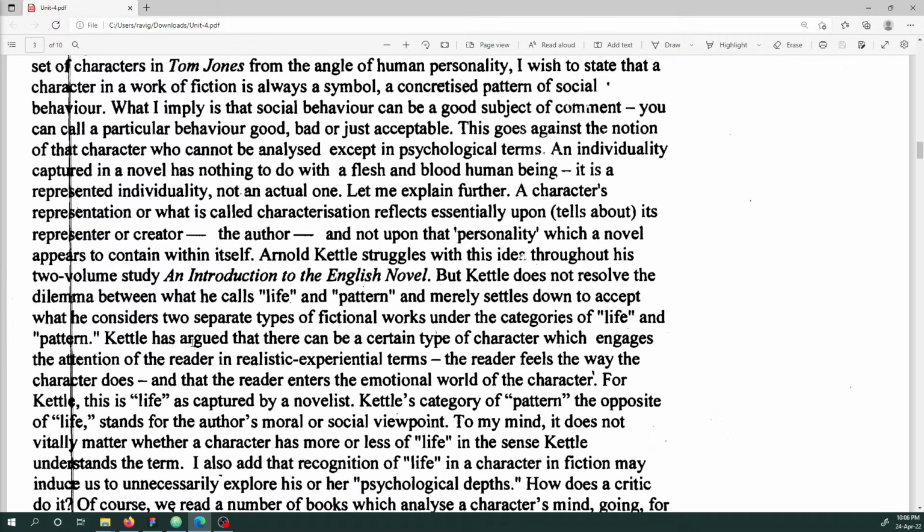Kettle has argued that there can be a certain type of character which engages the attention of the reader in realistic experiential terms.